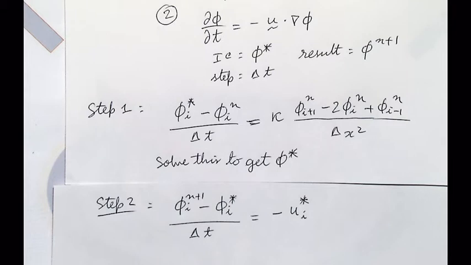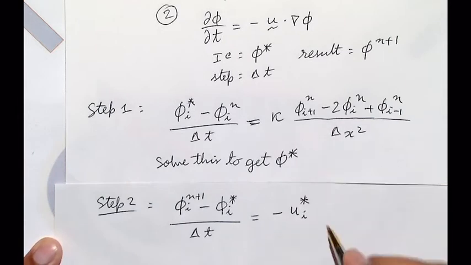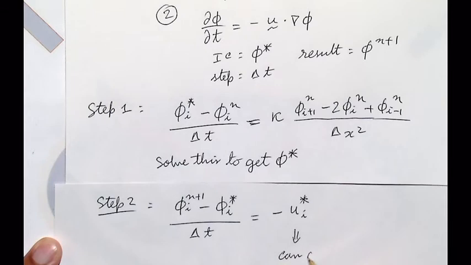Strictly speaking, star, yes. But in these scenarios, you're affecting φ, a scalar, which might be temperature or ink concentration. And you can assume u does not change during the time step. So strictly speaking u star, fine, but you can assume this is equal to u^n.